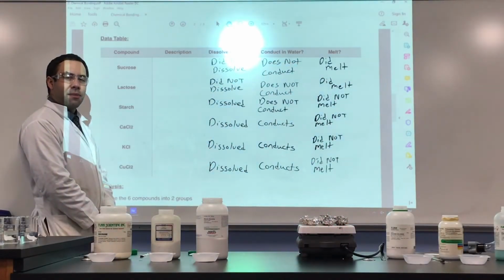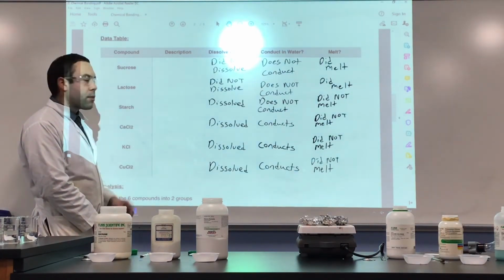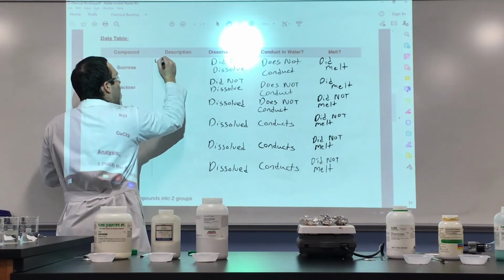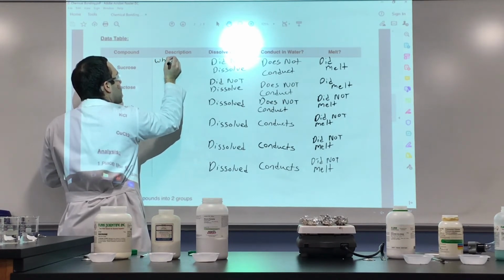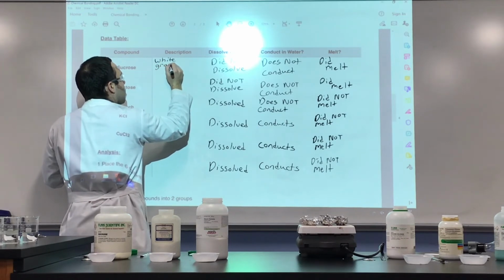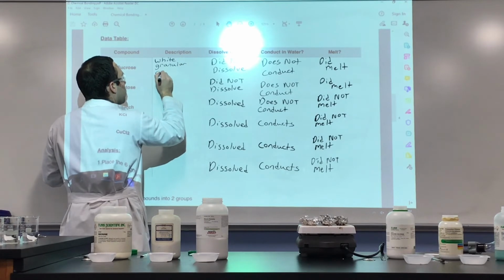And finally, let's recap the description of all 6 substances. First one, sucrose. We said it was white and granular, or you could say white crystals.